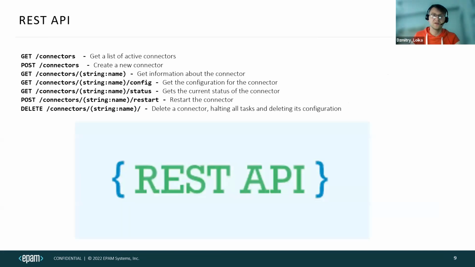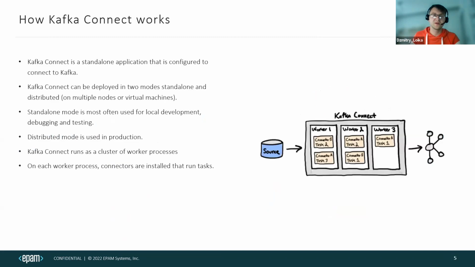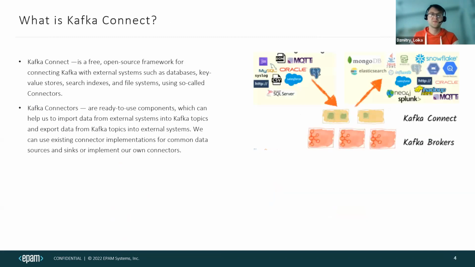it's better answered with what I said at the start. Here you can see a lot of databases and key-value storages in this picture, etc. And the most popular Kafka connector is Debezium, which works with databases.